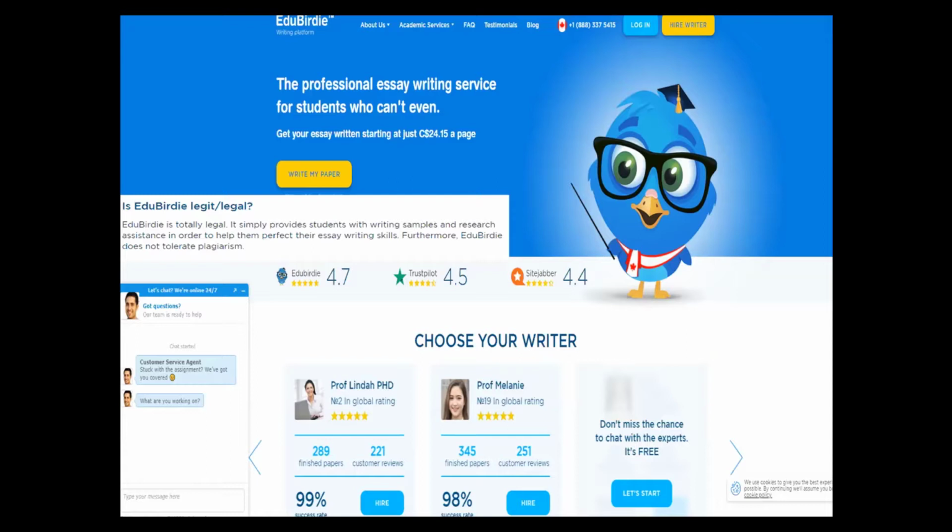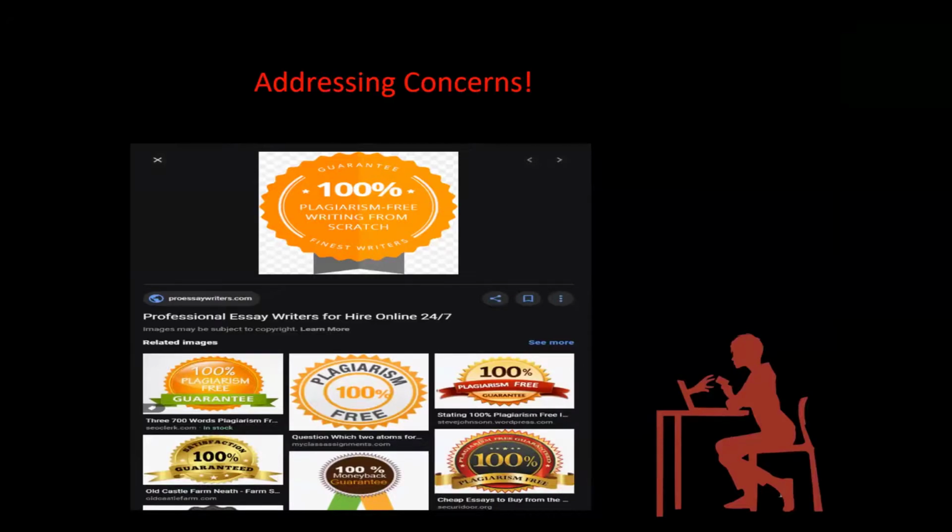Furthermore, EduBirdie does not tolerate plagiarism. You know why it doesn't tolerate plagiarism? Because they don't use other people's papers. They claim to be custom writing papers for each individual student. And here are some badges and awards that they post on their website, guaranteeing 100% plagiarism-free work on the essays that they write for people.